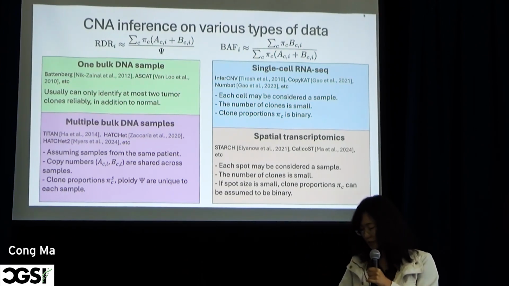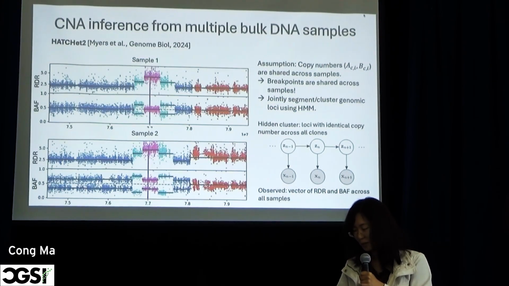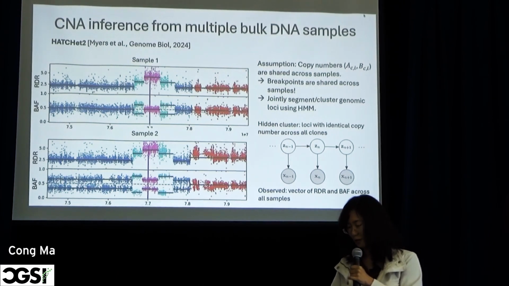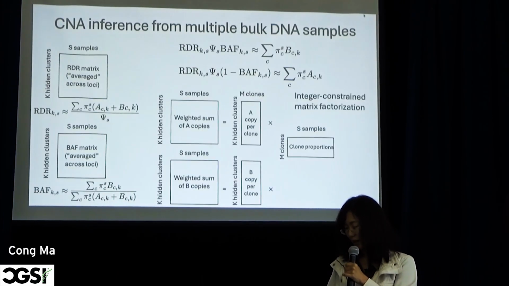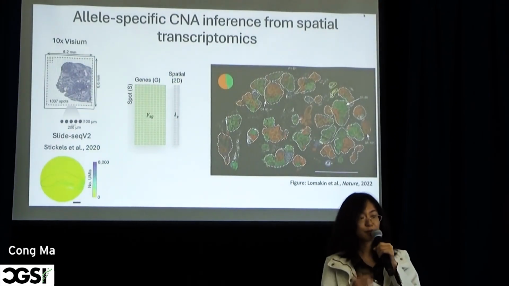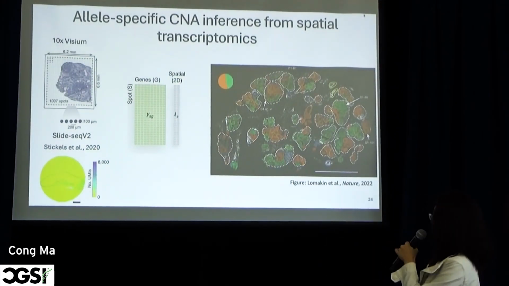In the interest of time, I'm going to skip the details for inferring copy number from bulk DNA sequencing data, and directly jump to spatial transcriptomics because that's newer.